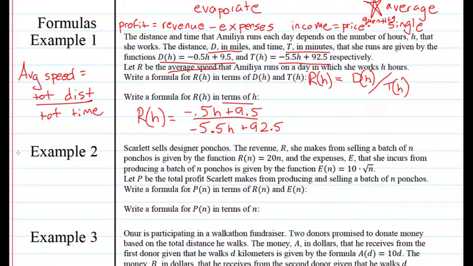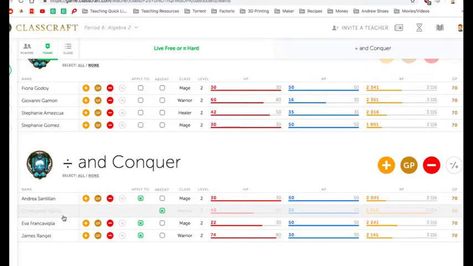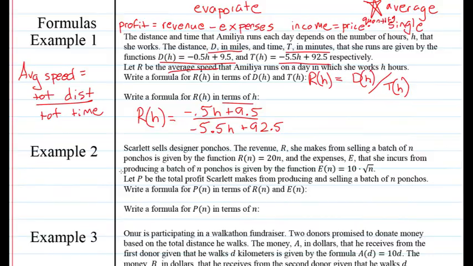I need another reader for example 2, a new reader. James, go for it. For example, Scarlett sells designer ponchos.